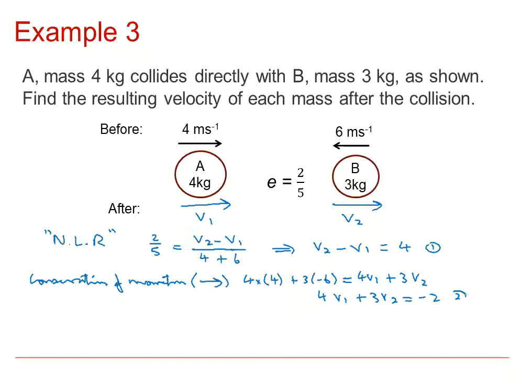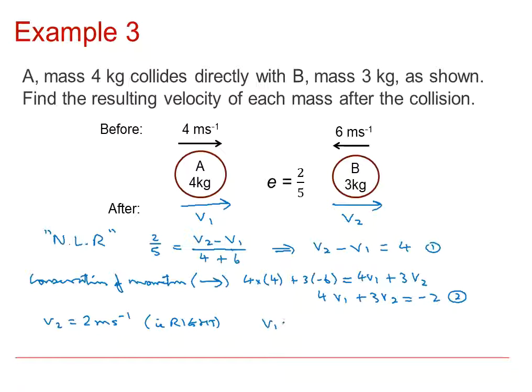And if I solve these simultaneously, I get v2 is 2 meters per second. So that's its velocity, 2 meters per second, which means it does indeed keep going and bounce off to the right.